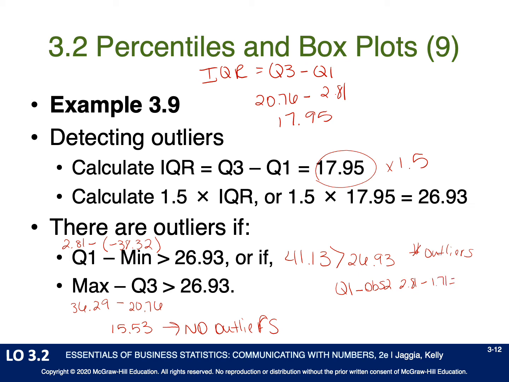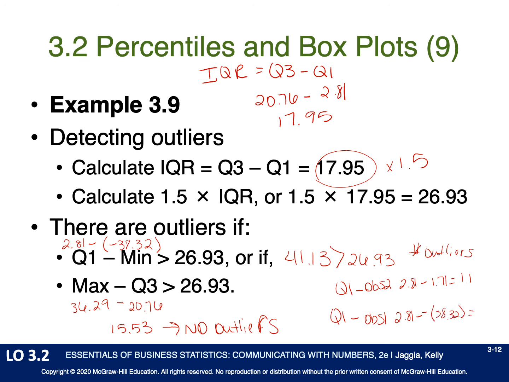That difference is clearly within the range of 26.93. That's just a 1.1 difference. So observation 2 is not the outlier. But if I look at quartile 1 minus observation 1, now we have 2.81 minus that negative 38.32.